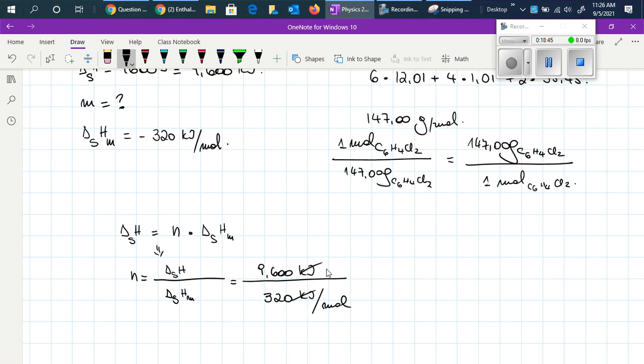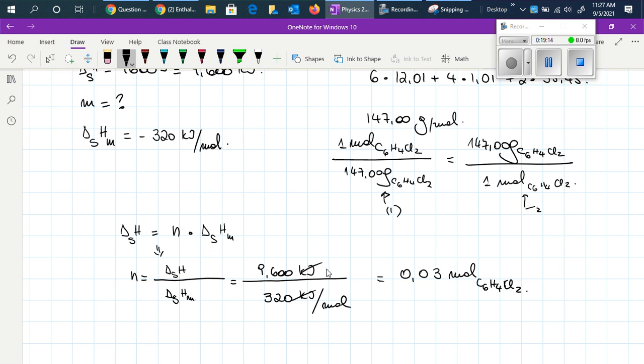Kilojoules and kilojoules cancel out, and in your calculator 9.6 divided by 320 is equal to 0.03 moles of C6H4Cl2.